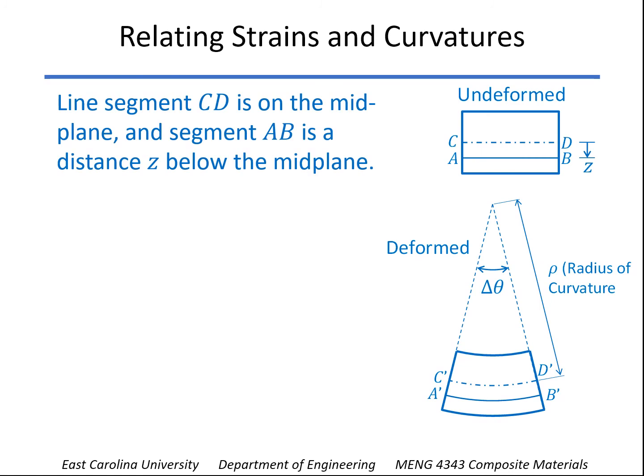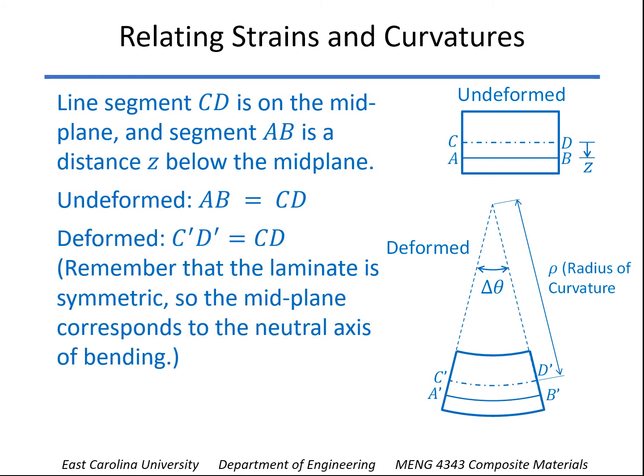All right, so remember, as we said, CD is on the midplane, AB is z below that midplane. And so when they're undeformed, they're equal to each other. But now when they're deformed, again, remember that that midplane is going to be the neutral axis of bending, so C prime D prime would have the same length as CD.